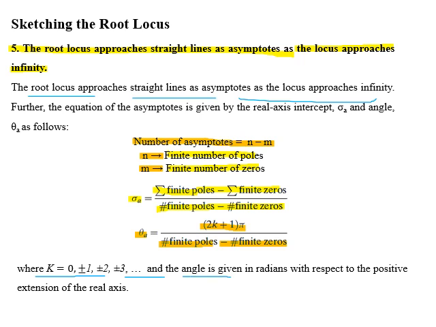And here k is equal to 0, plus minus 1, plus minus 2, and so on. And the angle is given in radians with respect to the positive extension of the real axis, or the angle can be used in degrees form.